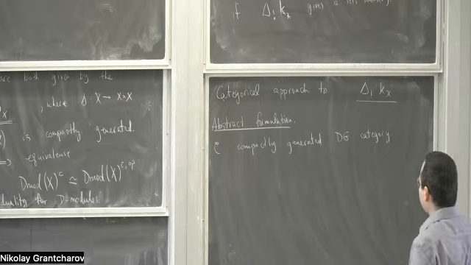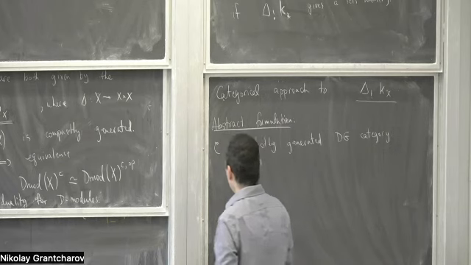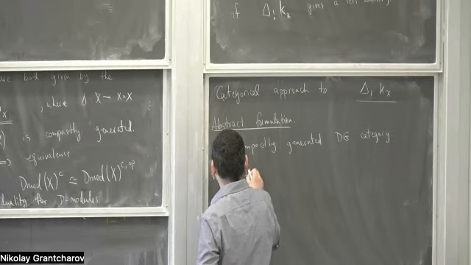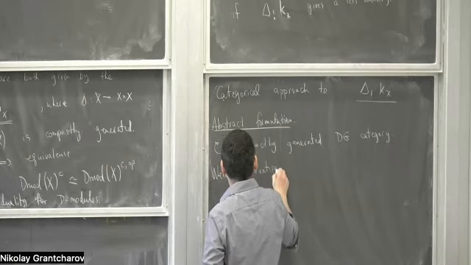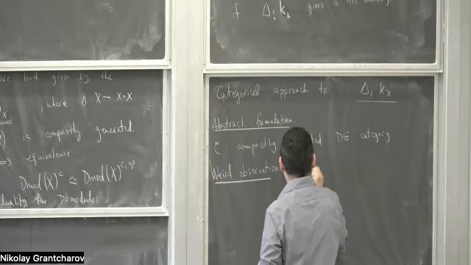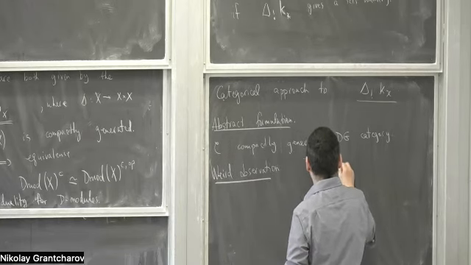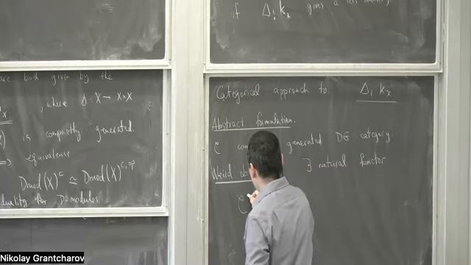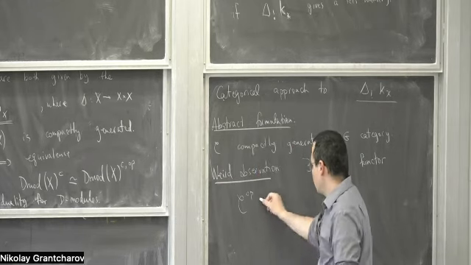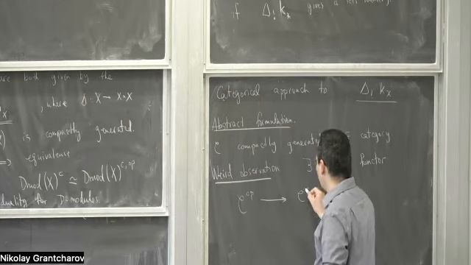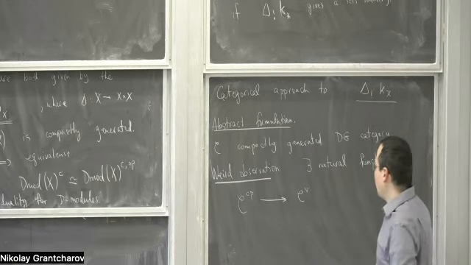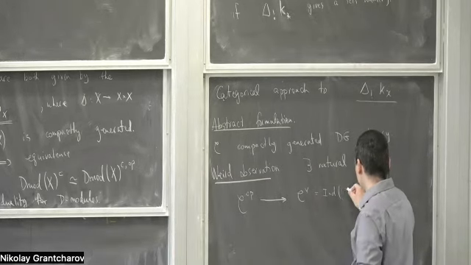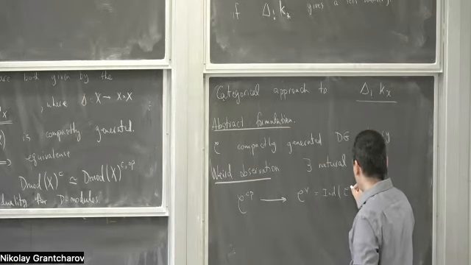So here is kind of a weird observation: there's a natural functor from the opposite category C^op to the dual category. Remember, the dual category is the Ind category of the compact objects opposite.